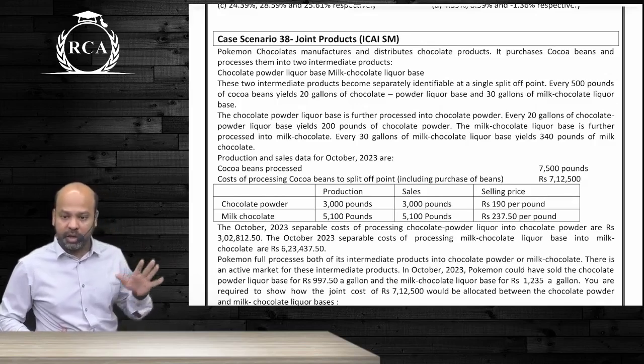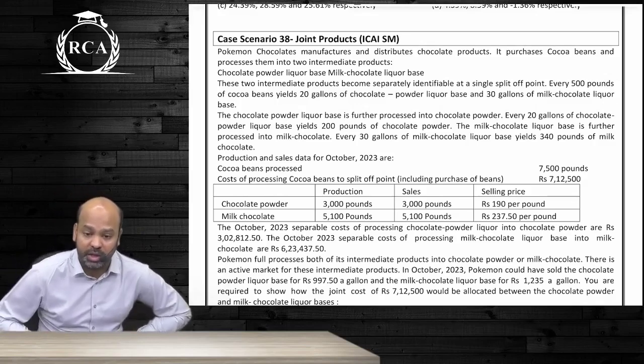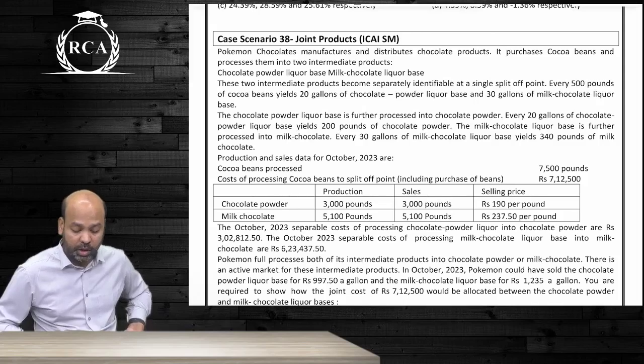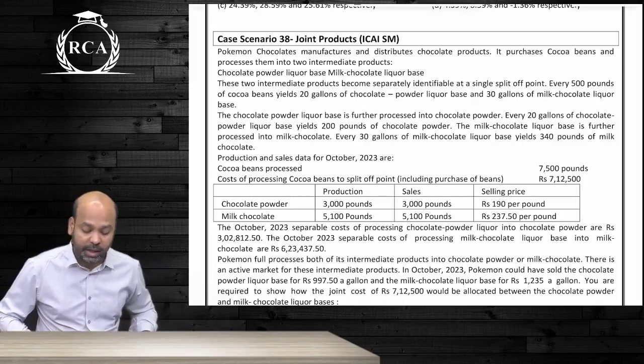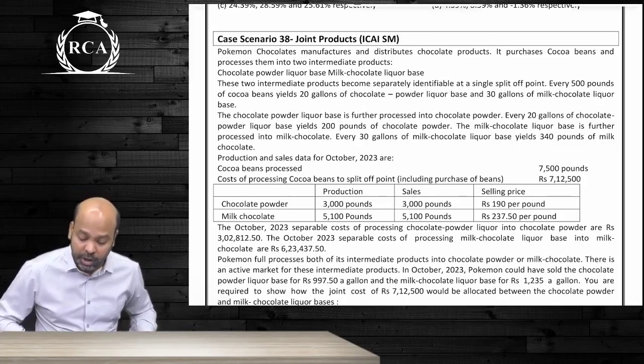If you use 500 pounds of cocoa beans, you will get 20 gallons of the first product and 30 gallons of the second product. Chocolate powder liquor base is further processed into chocolate powder. Every 20 gallons will give us 200 pounds of chocolate powder. Milk chocolate liquor base is further processed into milk chocolate.